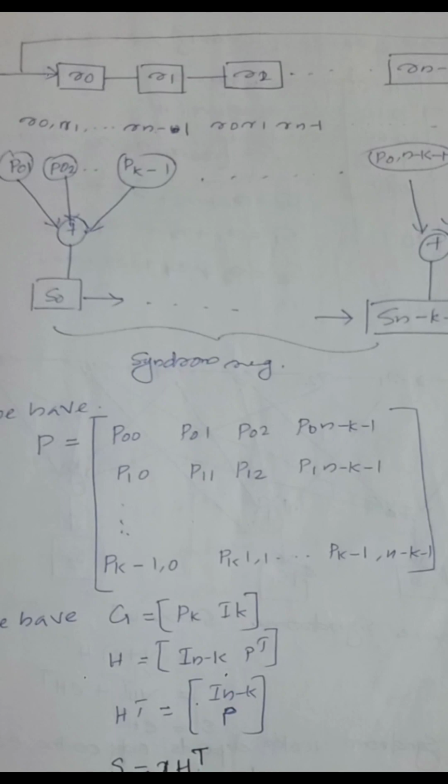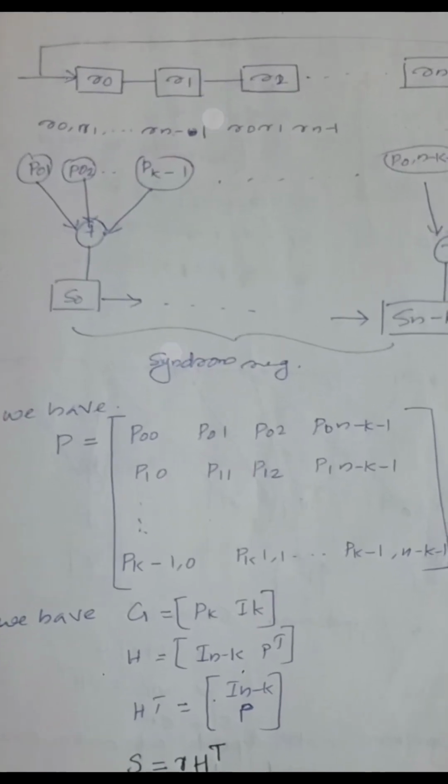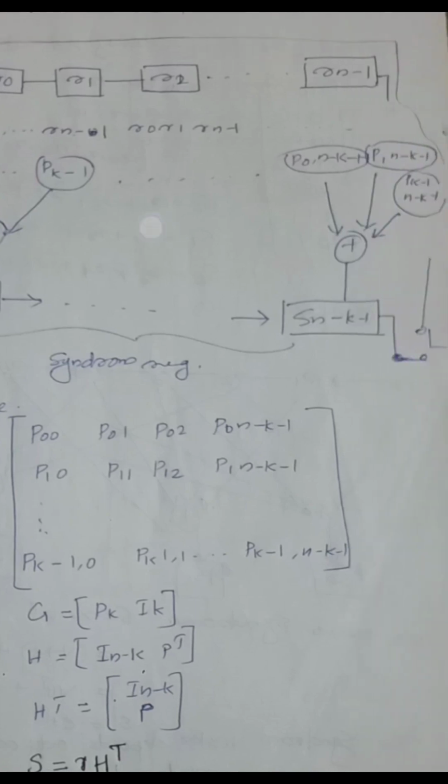So we have P is equal to P00, P01, P02, etc. up to P0 n minus k minus 1, and this value. So by multiplying this P with R, we get the syndrome. By taking R value, we have P here, P01, P02, etc. P0 k minus 1, and here P0 n minus k minus 1.